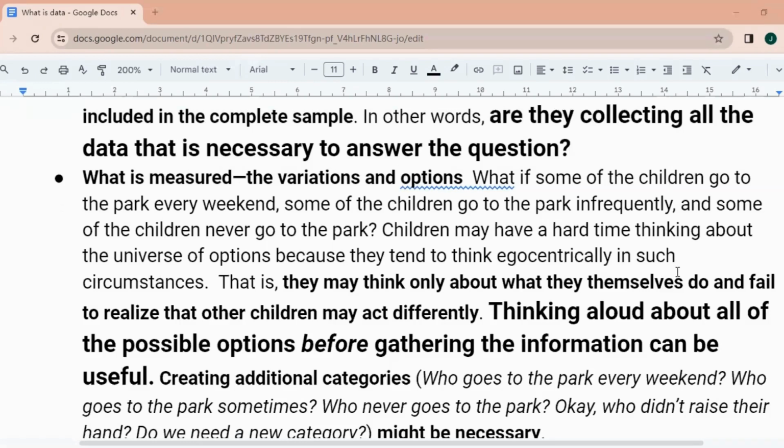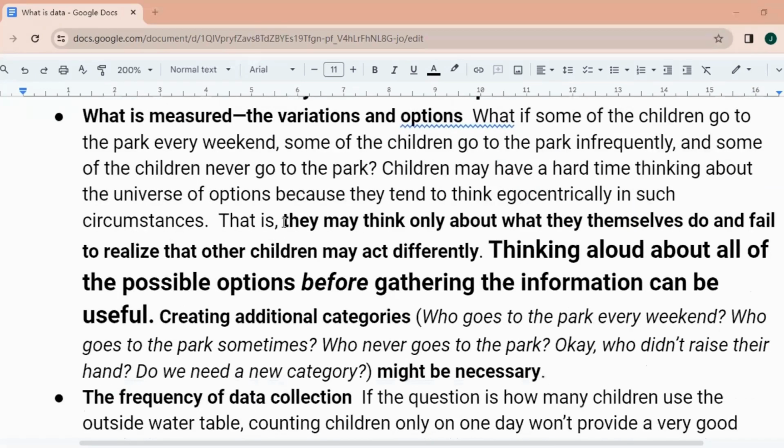Thinking aloud about all of the possible options before gathering the information can be useful. So this is the most important sentence here. And we might need to create additional categories for this example, which here are the listed questions or categories.